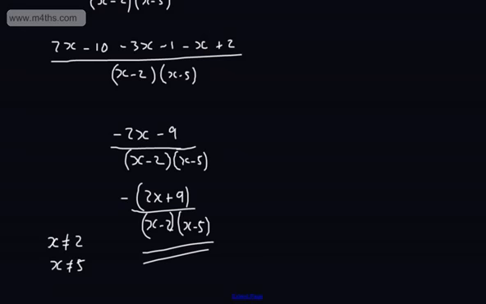Let's look at another example that we might have, and we might be asked to express 3 minus, for example, let's say 2x over x squared minus 1 plus 7 over x minus 1 as a single fraction in its simplest form. What I like to do with this 3 is just write it over 1.